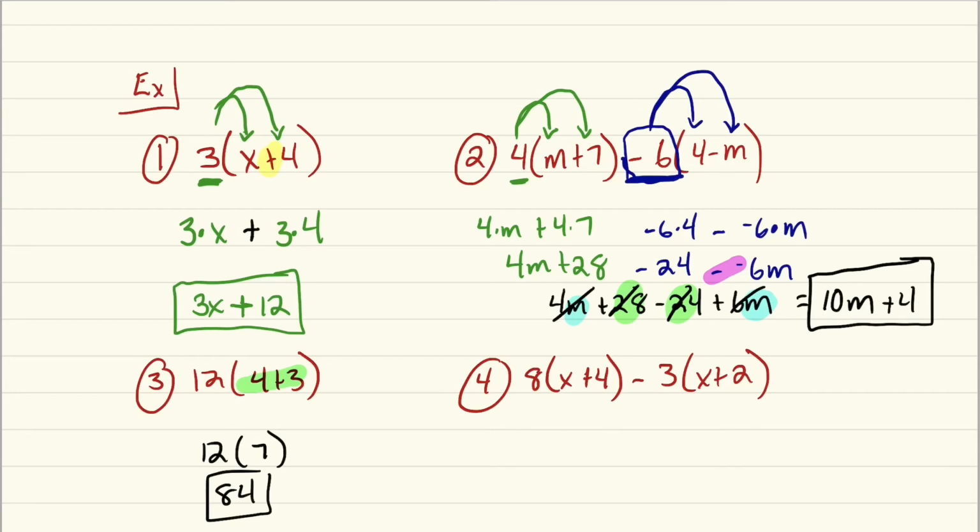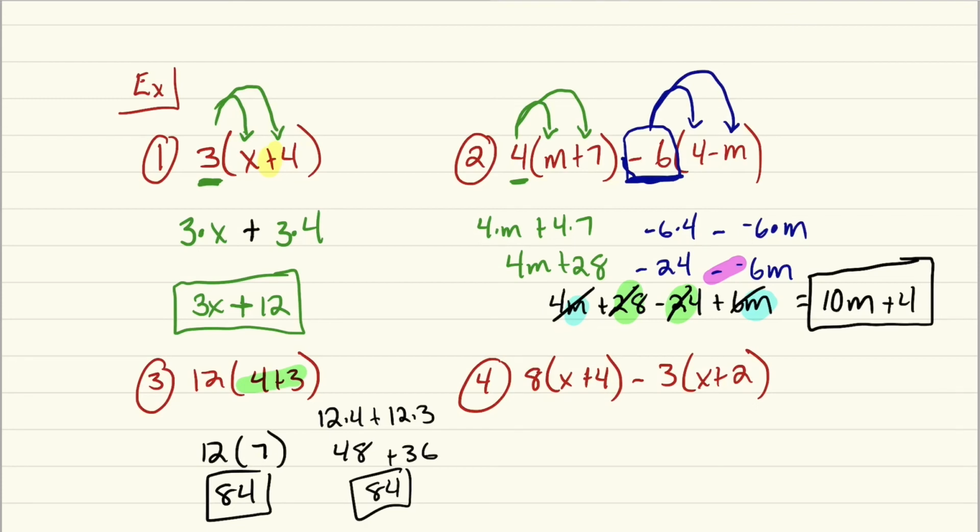Just as a side note, if you had chosen to distribute that problem and done 12 times 4 plus 12 times 3, you would have gotten 48 plus 36, which is still 84. So, it doesn't matter if you choose to distribute or not, but example number 3 reinforces why distributive property actually works.